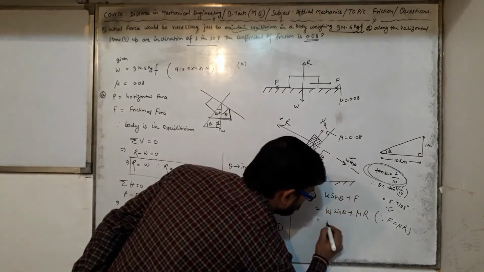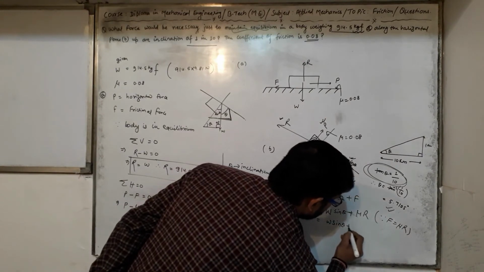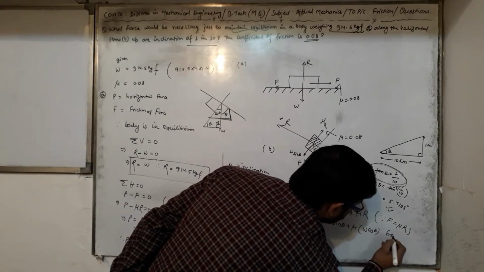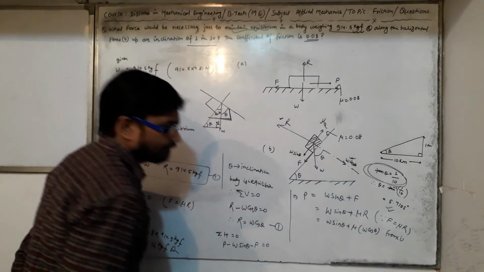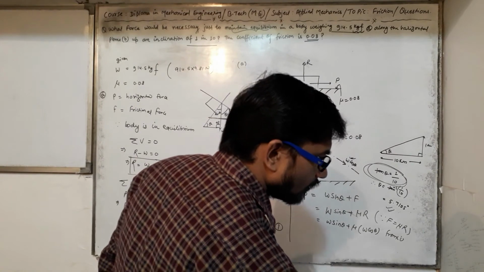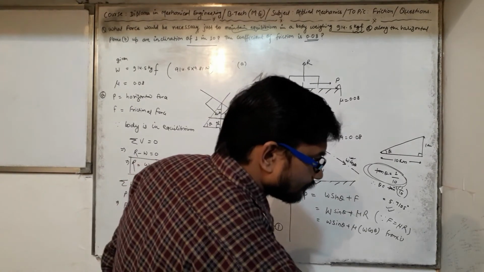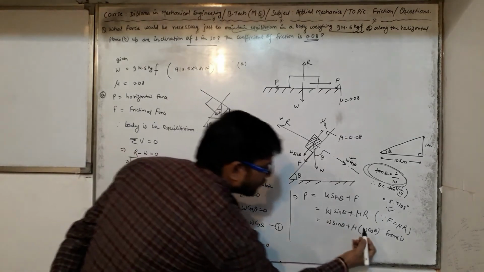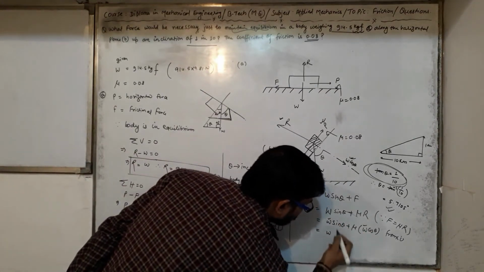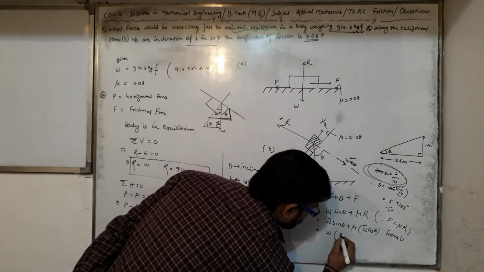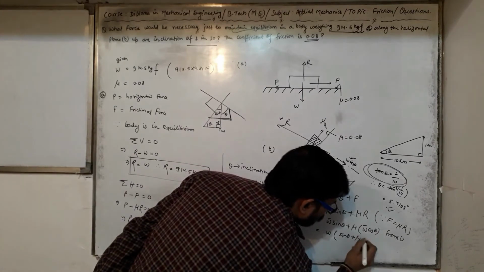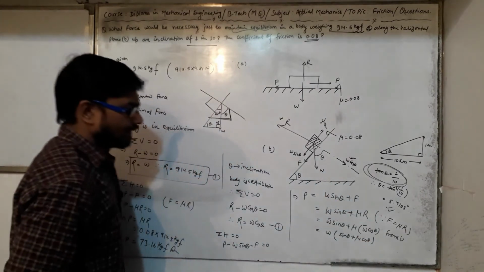So we can say W sin theta plus mu times W cos theta, from 1. Now see, W is present in both terms, so if I take W common, we get sin theta plus mu cos theta.